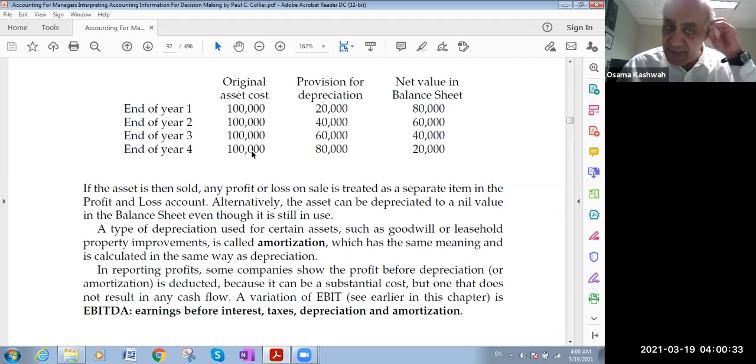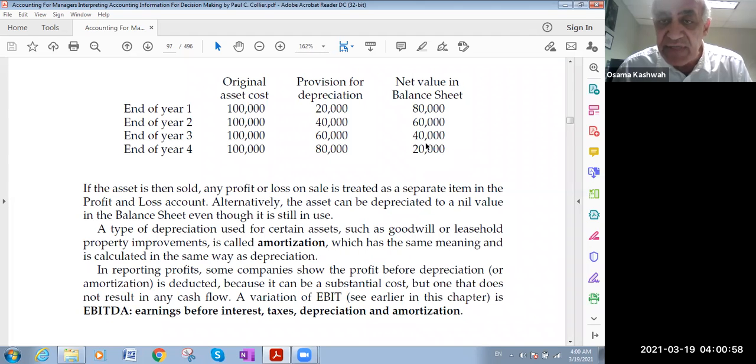So 100,000 minus 80,000. The total, we call it accumulated depreciation: 4 years, each year 20,000 deducted, so 80,000 in the 4 years, while the value of the asset at the beginning of its life was 100,000. So 100,000 minus the total depreciation of 80,000.